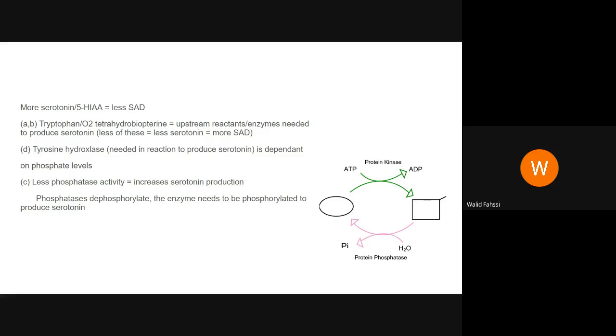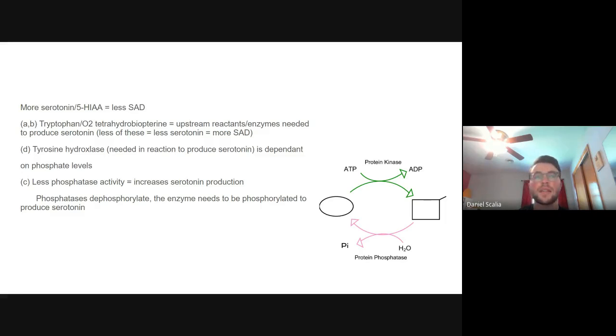I went down the list, and C I wasn't sure about, but I didn't see where it talked about phosphatase, so I said that was the one that is not likely to contribute.